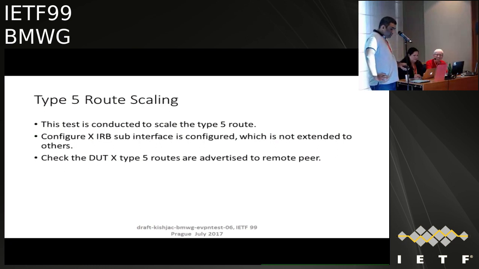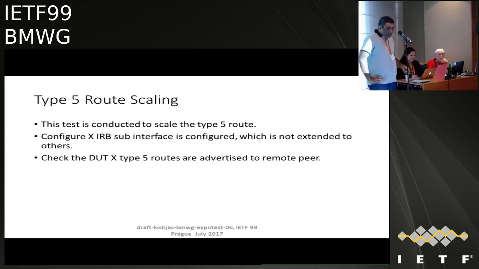How many minutes are left? We'll finish up with what you've got, and then we'll move on. So this is a type 5 route which is added in the latest comments which we received, because they want that, because this is not part of the RFC. This is in a separate draft.